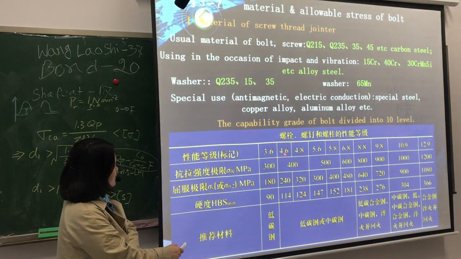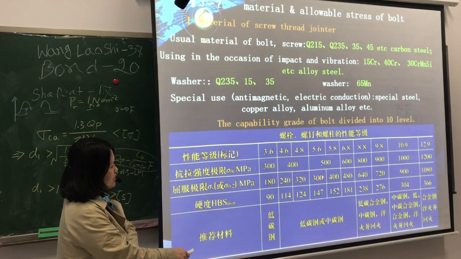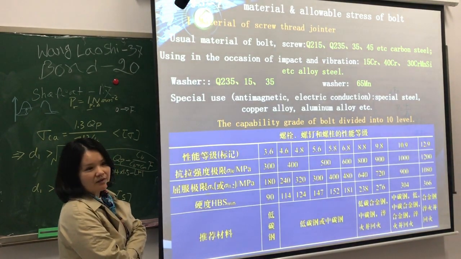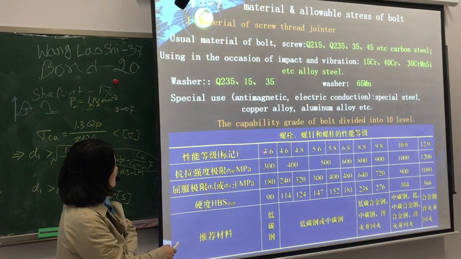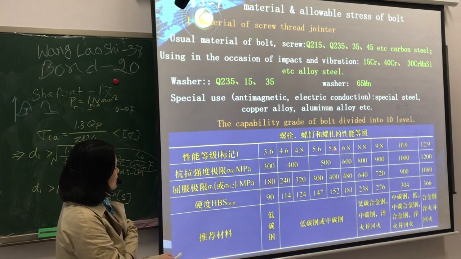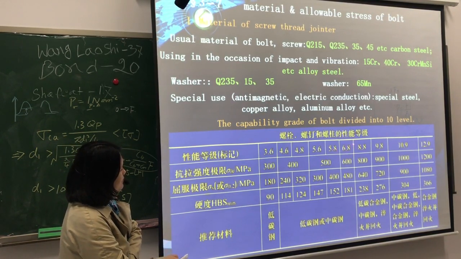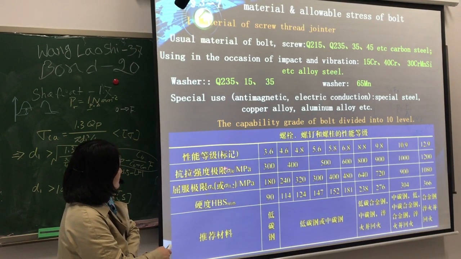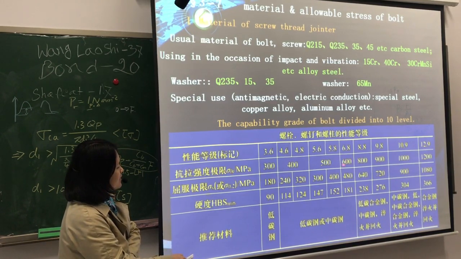For 6.8, the tensile stress is 600 and the yield stress is 480.